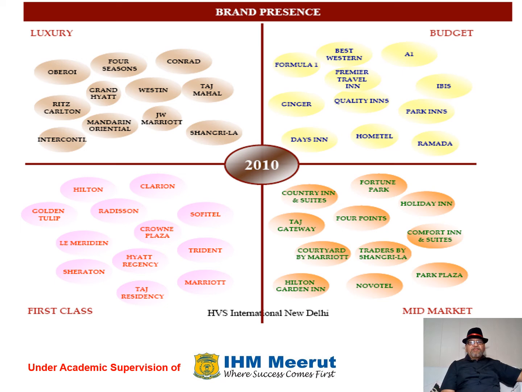On the bottom left, you see the first class hotels of India: Hilton, Golden Tulip, Le Méridien, Crown Plaza, Sofitel, Clarion, Trident, Hyatt Regency, Sheraton, Taj Residency, Marriott. And on the bottom right, you see the lower class hotels.